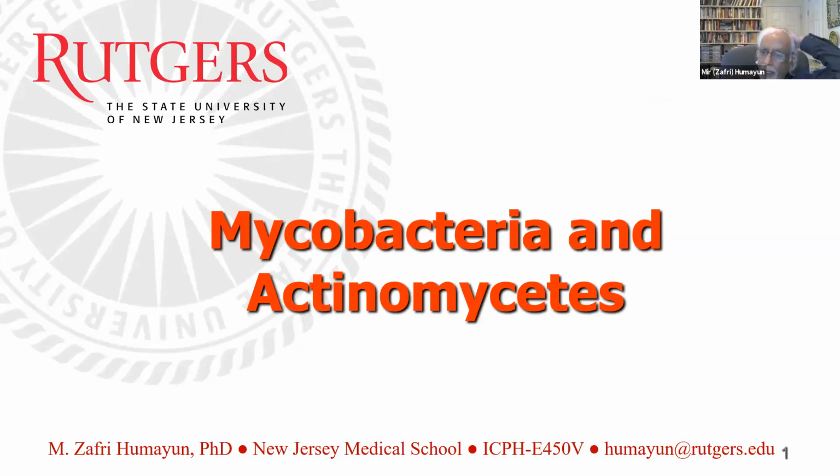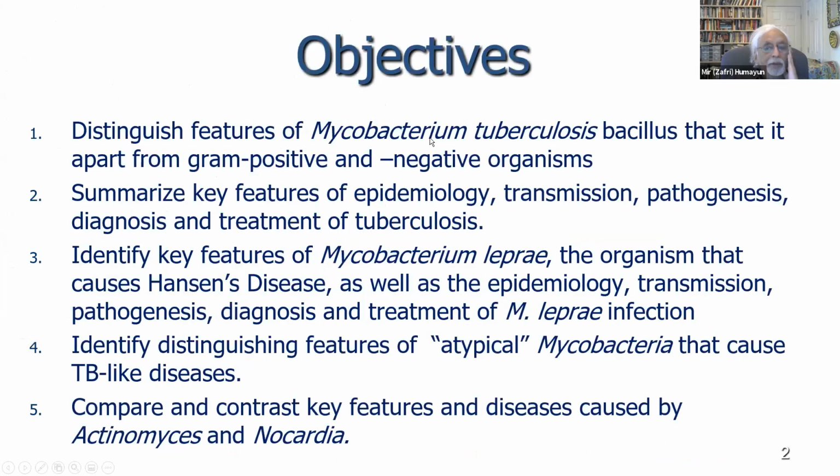So the topic today is Mycobacteria and actinomycetes. The bulk of the lecture is going to be devoted to Mycobacteria, of which there are two major species. One you know very well, Mycobacterium tuberculosis. The other is Mycobacterium leprae. All right, so let's begin with the first slide, objectives.